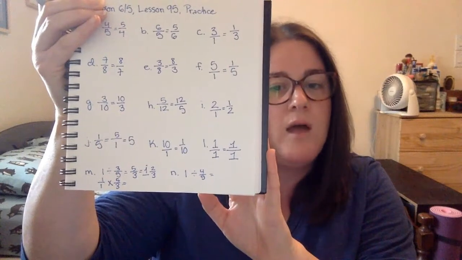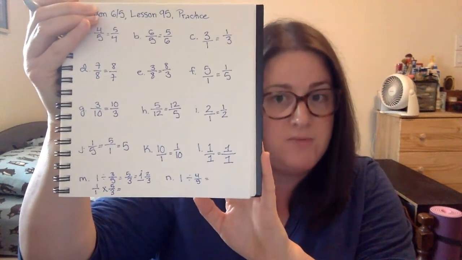N is asking 1 divided by 4/5. So we're going to do the same thing. 1/1, division becomes multiplication, and we invert the fraction in order to use the reciprocal.